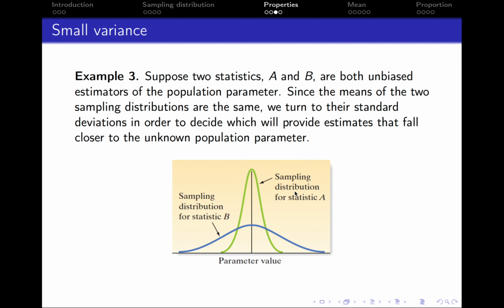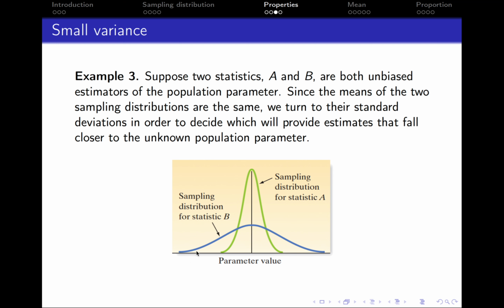If you look at this graph, you can see that the sampling distribution for statistic A is closer to the true population parameter. It's closer to the middle of the distribution, to the mean of the distribution, whereas if you look at the sampling distribution for statistic B, you can see that the values are more spread out around the axis.